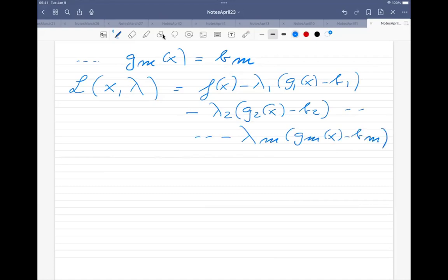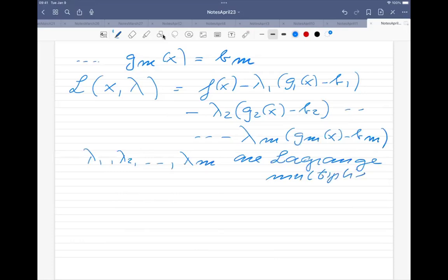And these parameters lambda 1, lambda 2, up to lambda n, they are normally called Lagrangian multipliers. And I am actually assuming that you probably have seen this formalism in different mathematics courses.